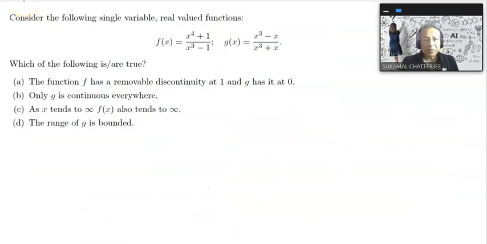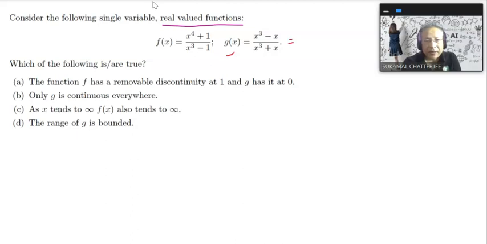We move to question number 2, which says consider the following single variable real valued functions. F(x) is given by (x to the power 4 plus 1) by (x cube minus 1), and g(x) is given by (x cube minus x) by (x cube plus x).